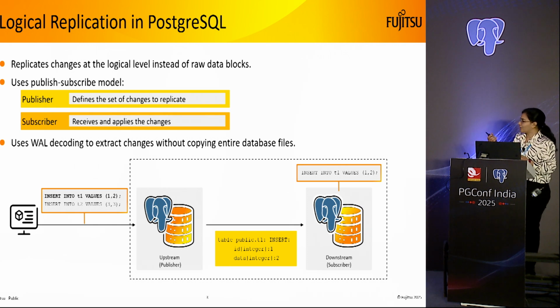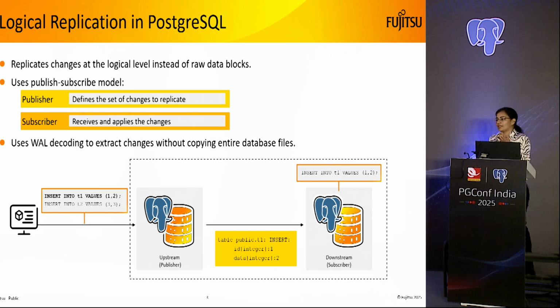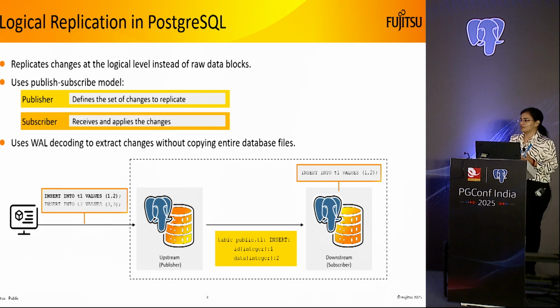So an insert happened on T1, it will be decoded at the publisher node and then sent to the subscriber node. After receiving the change, the subscriber can apply the same insert on the T1 table, and that's how they keep replicating the changes between these two nodes.